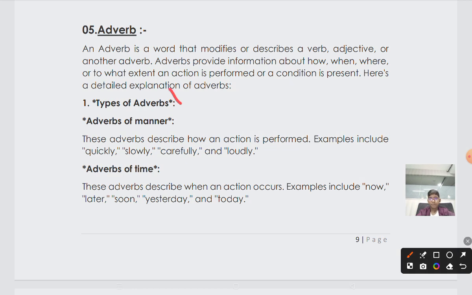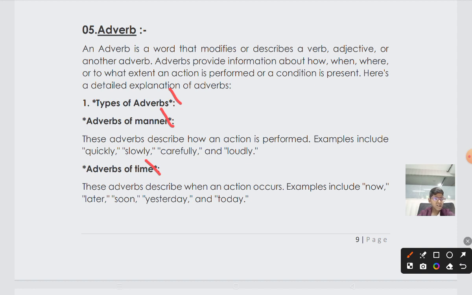Types of adverbs. The first one is adverbs of manner. These adverbs describe how an action is performed. Examples include quickly, slowly, carefully, and loudly. Next, adverbs of time. These adverbs describe when an action occurs.